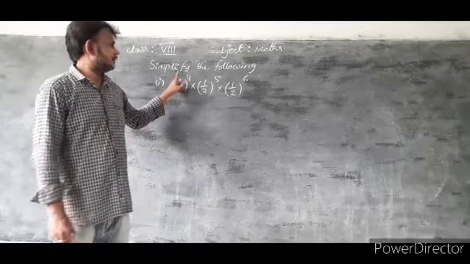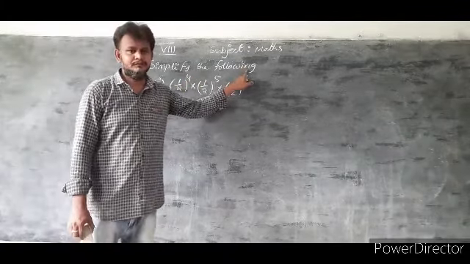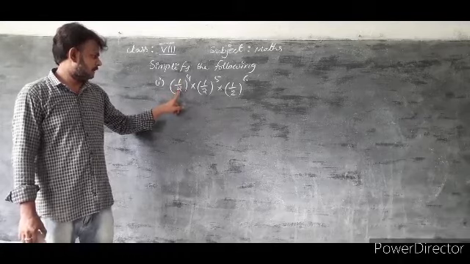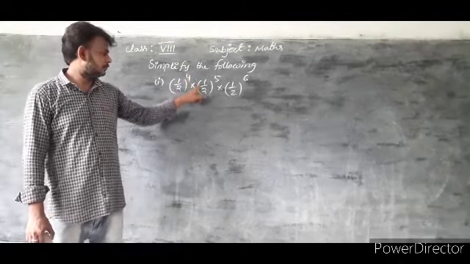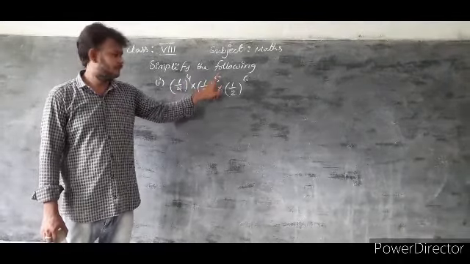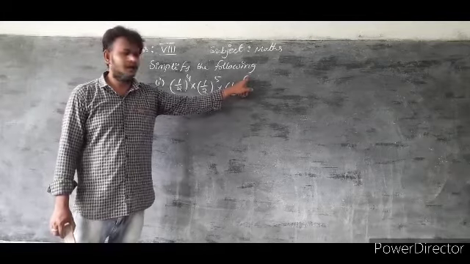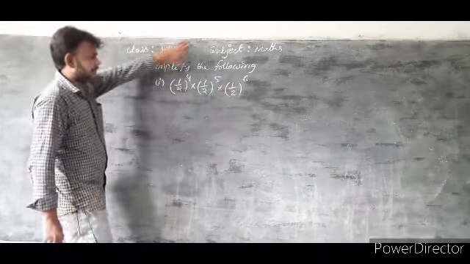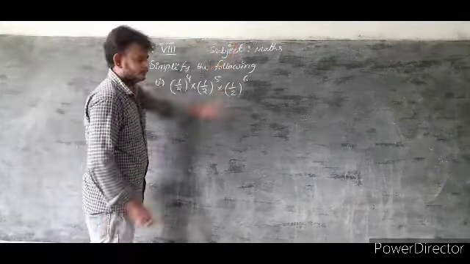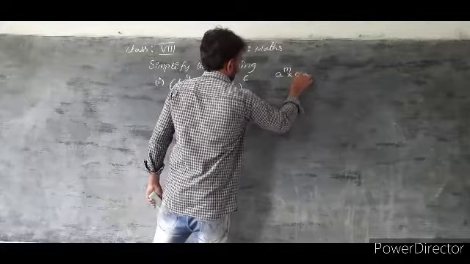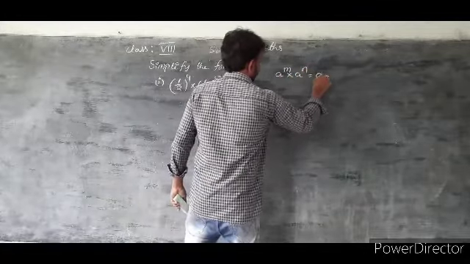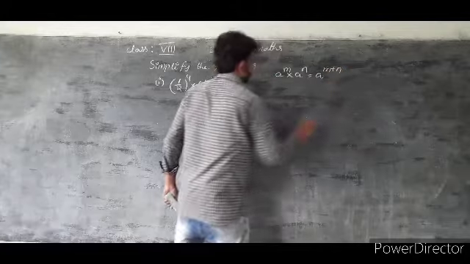Next problem. Simplify the following. First one: (1/2)^4 × (1/2)^5 × (1/2)^6. We know that a^m × a^n = a^(m+n).